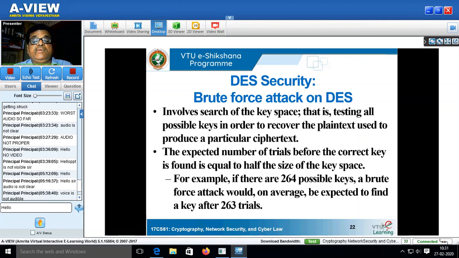The expected number of trials before the correct key is found is equal to half of the size of the key space. So much search we have to do. For example, if there are 2^64 possible keys, a brute force attack would on average be expected to find a key after 2^63 trials, in the worst scenario.